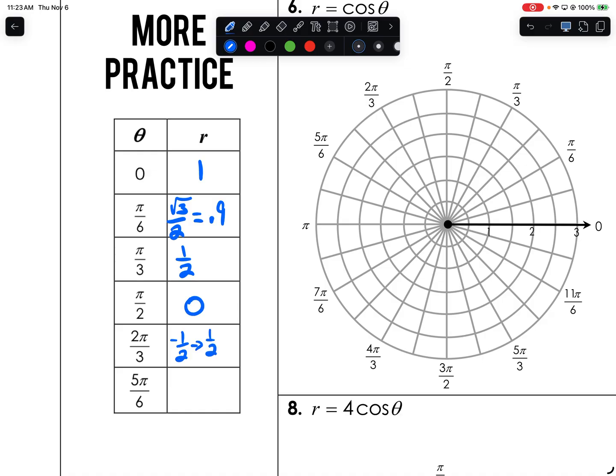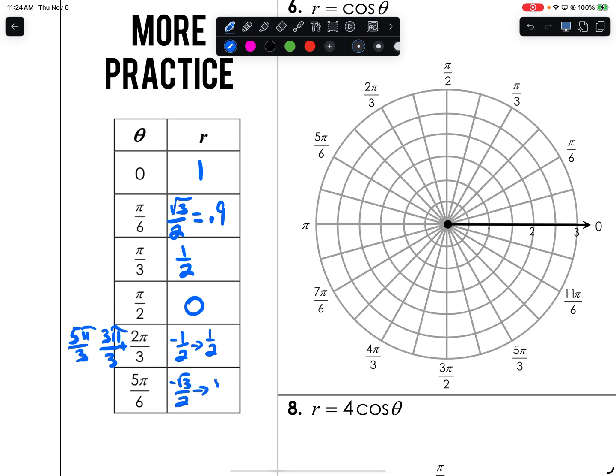And then what do I have to do to 2 pi over 3? Because I switch the radius from negative to positive, I got to add pi. So I add 3 pi over 3 over here. And what do I get? 5 pi over 3. Okay, when I do 5 pi over 6, I get negative root 3 over 2.